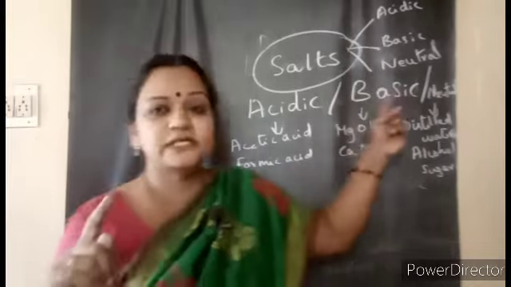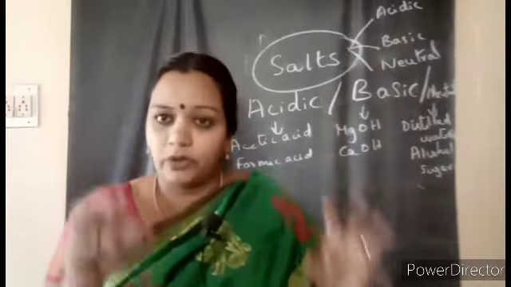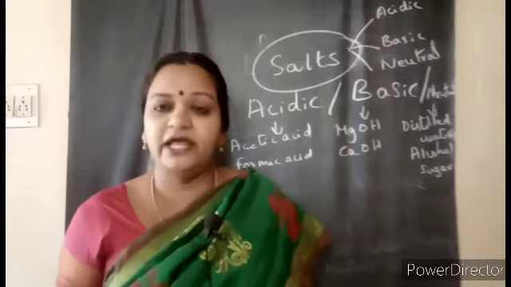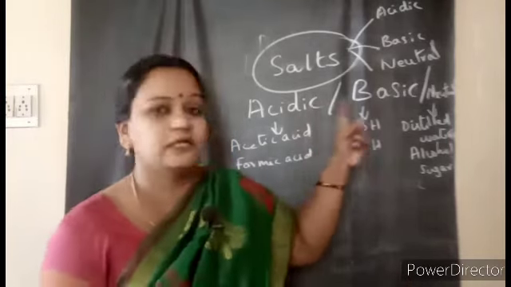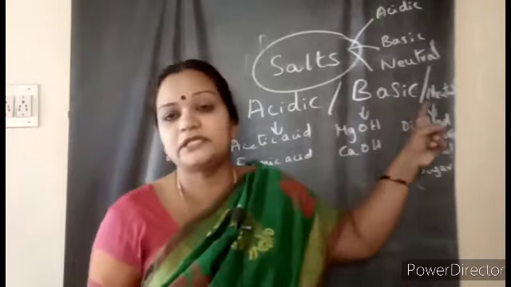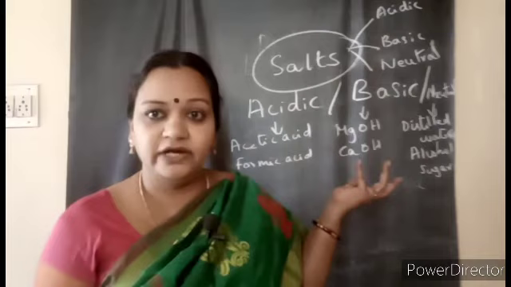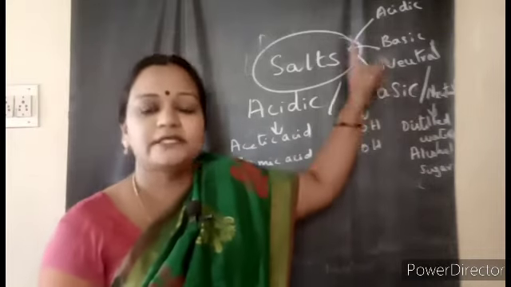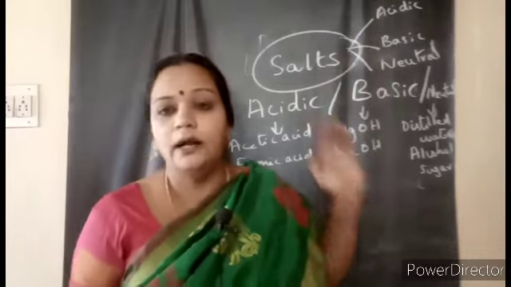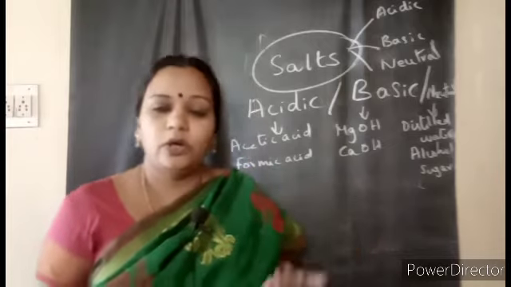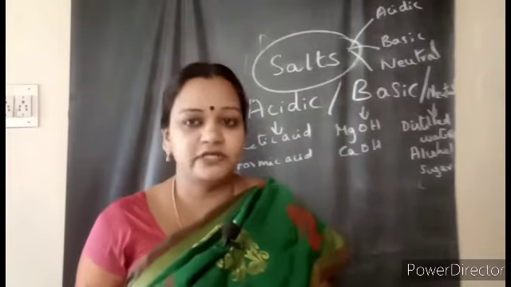So acids, bases and neutrals surround us. Whatever solutions we find in our everyday life, some are acidic, some are basic, and some are neutral. Apart from that, some salts are also used in everyday life, but salts can be acidic, basic and neutral.